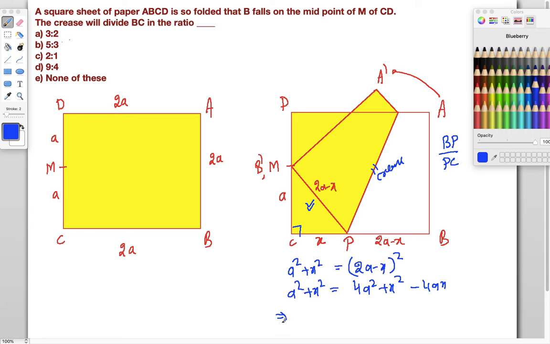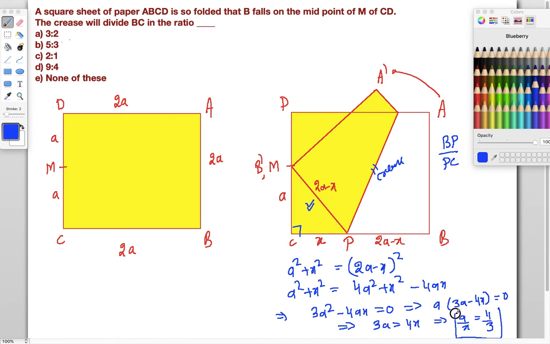If I further simplify it, x square and x square will get cancelled, and I can say 3a square minus 4ax is equal to 0. From here you can take a as common, so I'll get a(3a minus 4x) equal to 0. As a can't be 0, 3a is equal to 4x. And from here we can say that the value of a by x is equal to 4 by 3.